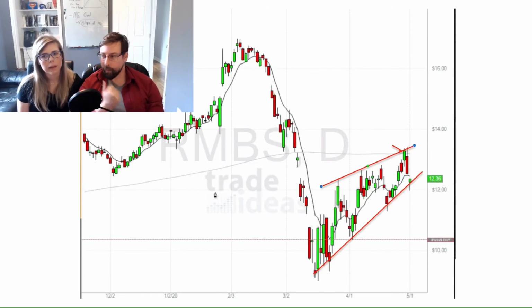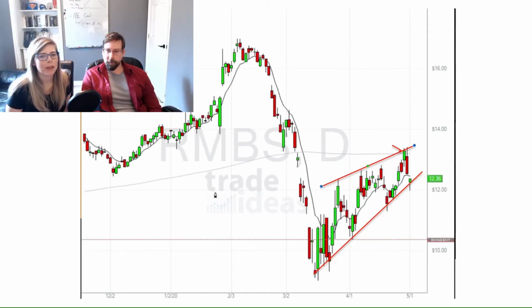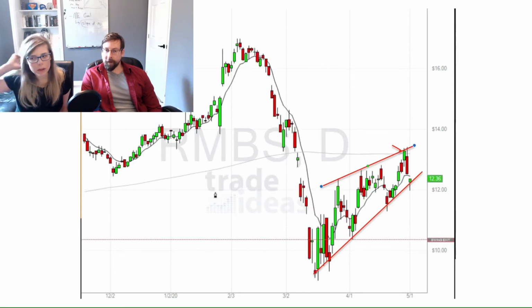So where would you enter? Where's your stop? Where's the target? So first, what direction are you trading this in? I'm not sure, because half of the chart is going up and then it takes a big tumble and now it's climbing again. So is a wedge a pause in a trend?